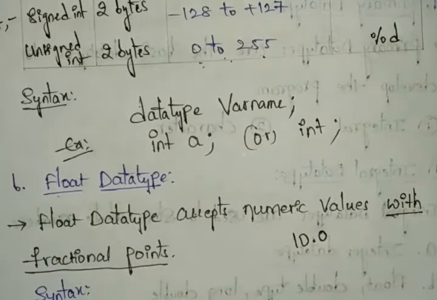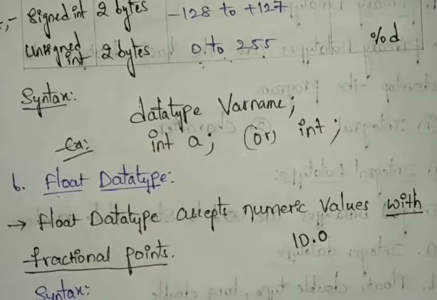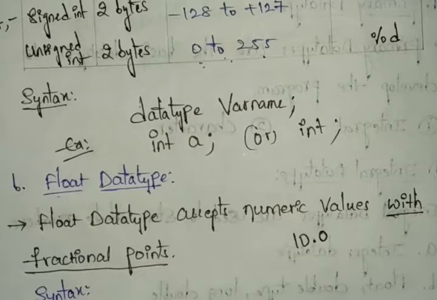Why? Because in the floating data type we have these types of values. These floating numbers are stored in the form of 32-bit and 16-bit in the computer, like the integer data type.